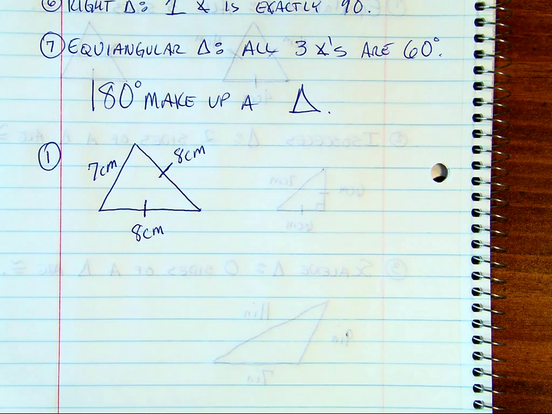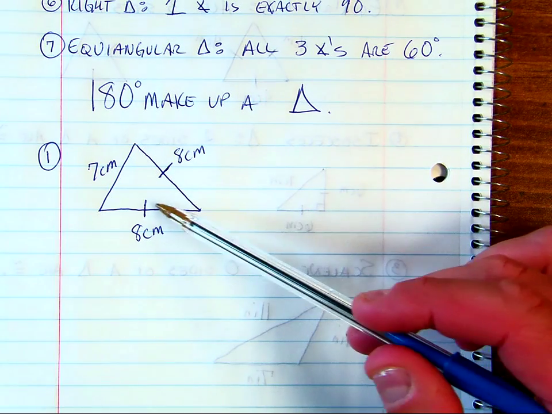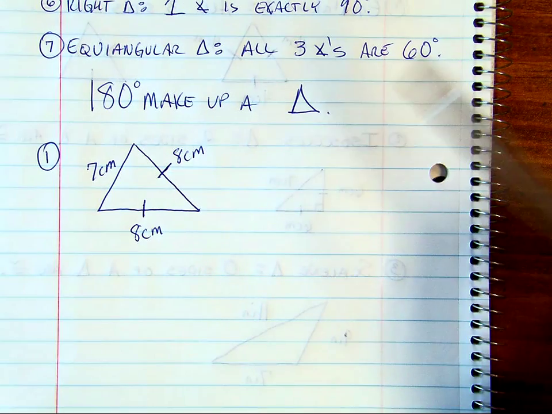So we need to classify this triangle according to side lengths and angle measurement. For me, looking at this, I see two sides that are exactly the same. Not only do I see the two slash marks, but I also see the 8 and the 8. Those are equivalent.